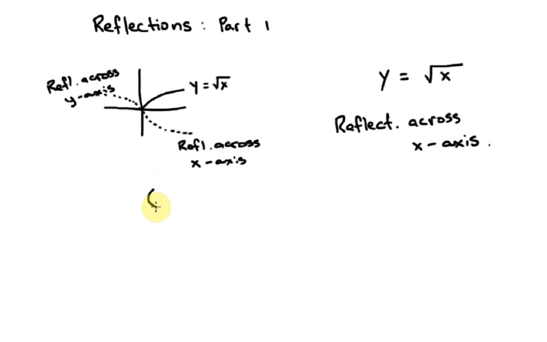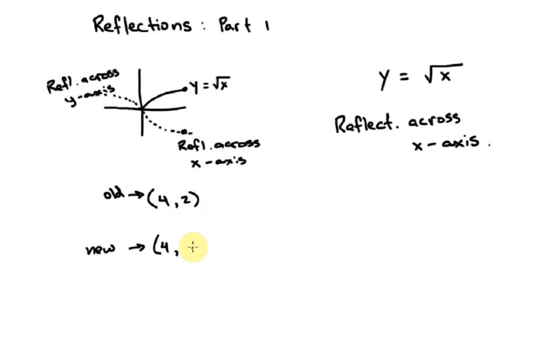So let's take this point here as a real good example. This is the original point, the old point. Where do we want that guy to go? It's up here right now. We really just want to beam it across down to here. How we do that is, we want to keep the x's exactly the same.